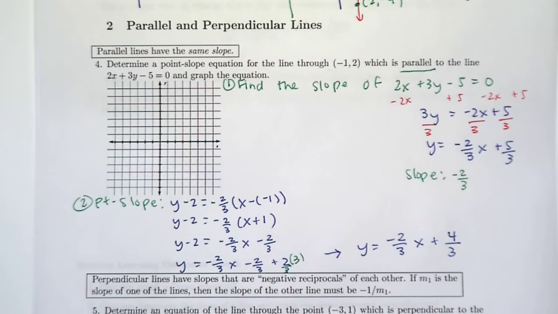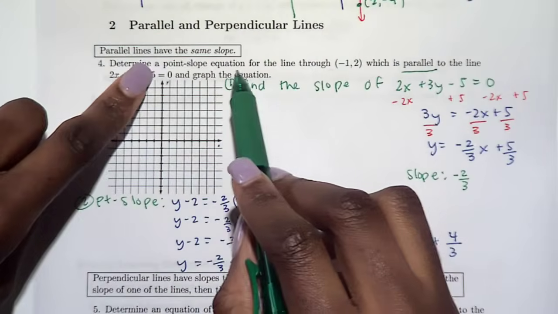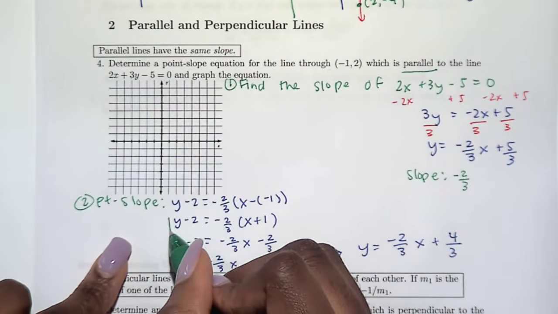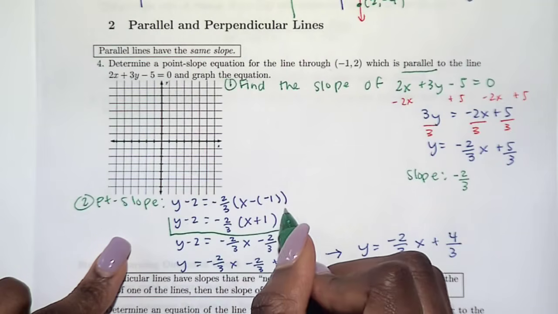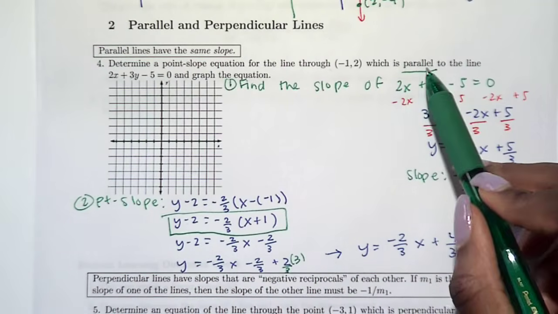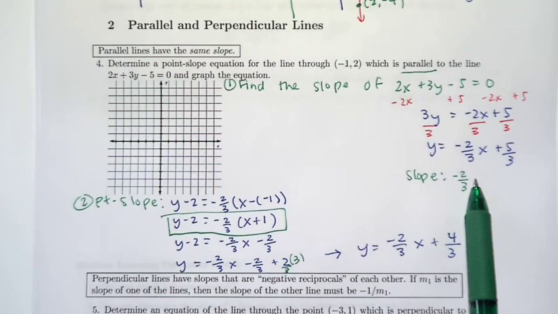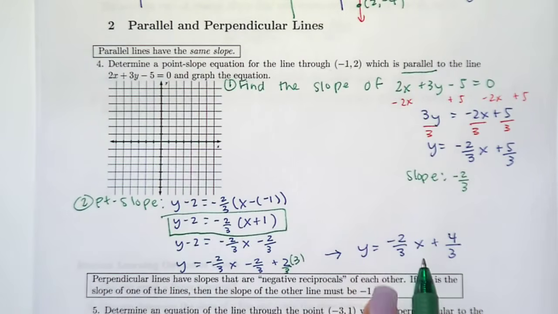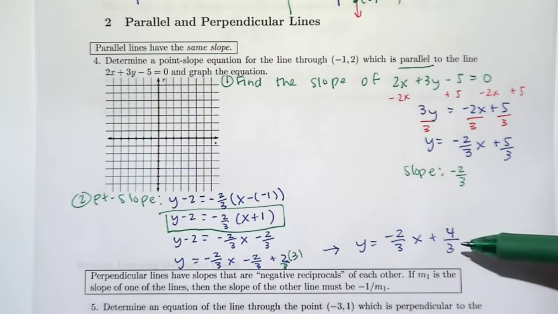Okay, so have we answered the question? So it said determine a point slope equation. We determined a point slope equation for our line that's parallel to this one. It has the same slope. And then we want to graph the equation. All right, so it's hard to graph in point slope, so I moved it over to slope intercept. And so we can graph it by first finding the y-intercept, 4/3.